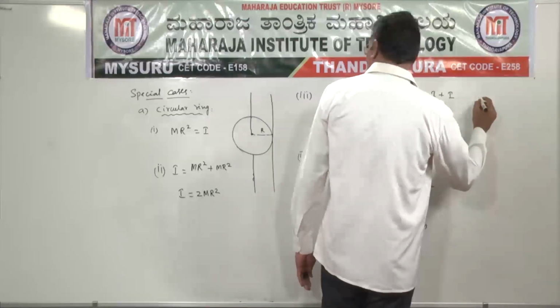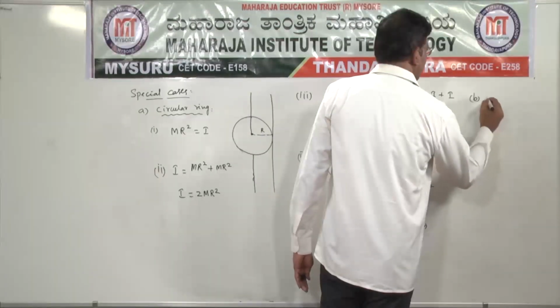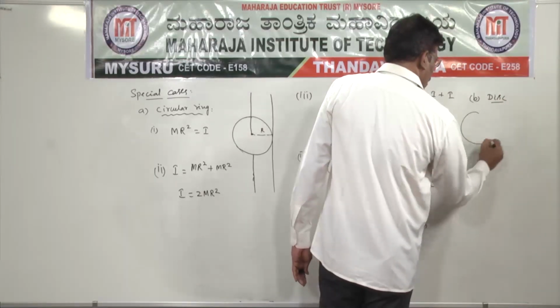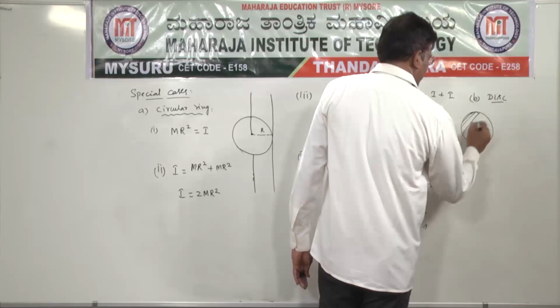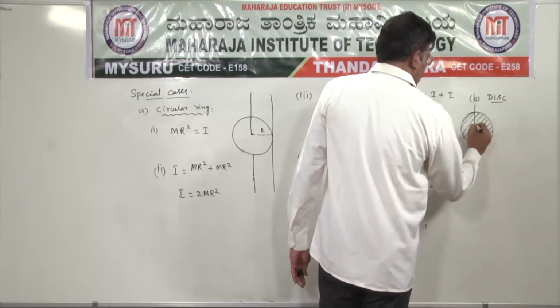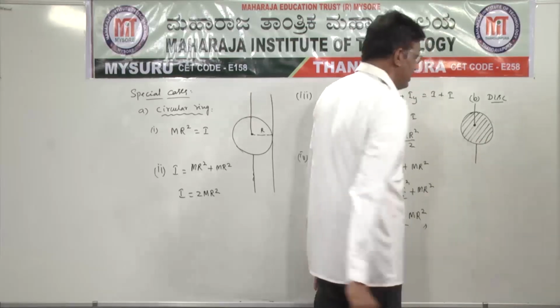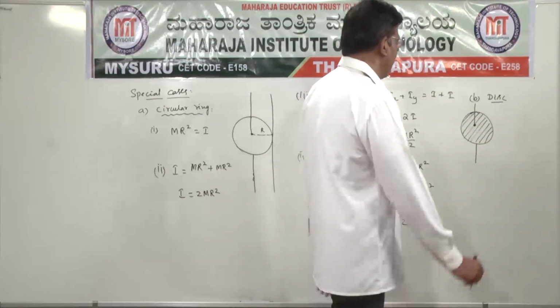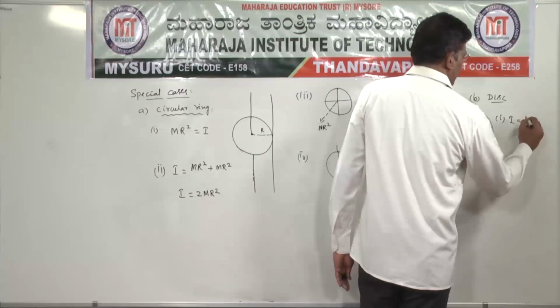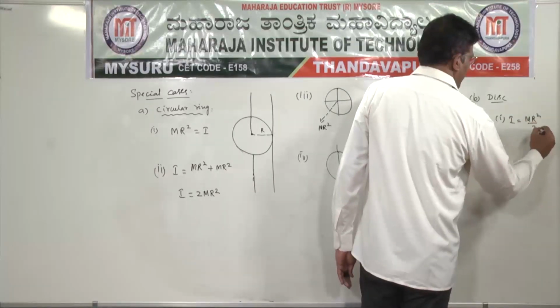And next, the second one is the circular disc. About its own axis, it is a circular disc of certain thickness. About its own axis, that is the axis passing through the center and perpendicular to the plane, you can write I is equal to m r square by 2.